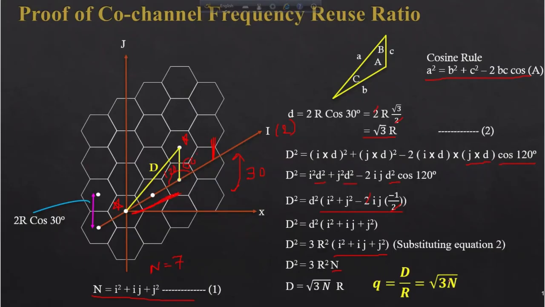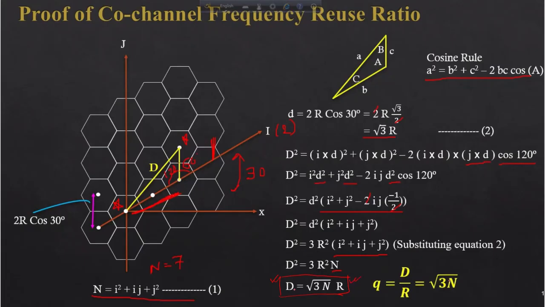We will derive a mathematical formula, the frequency reuse distance D is equal to √3N into R. We discussed this formula in our last class, but today we are going to derive this equation.